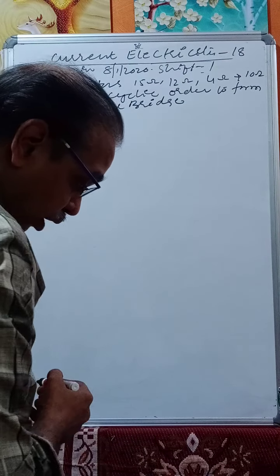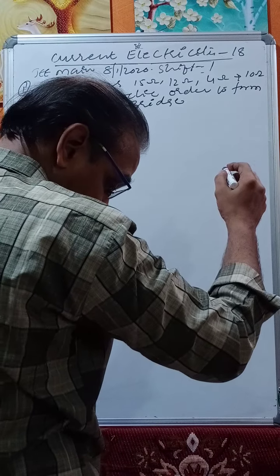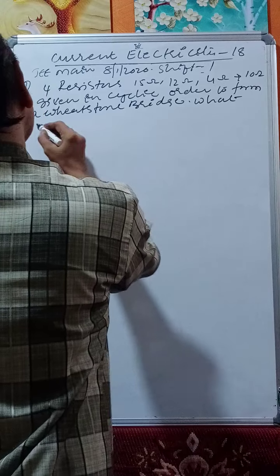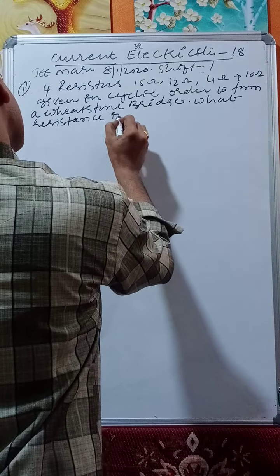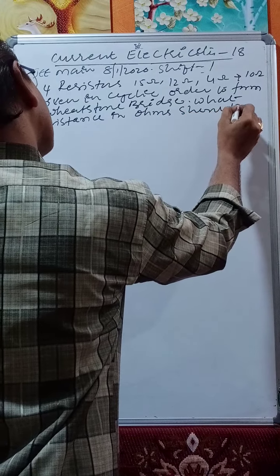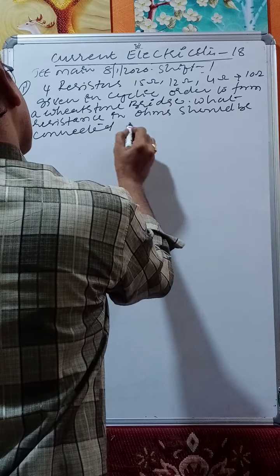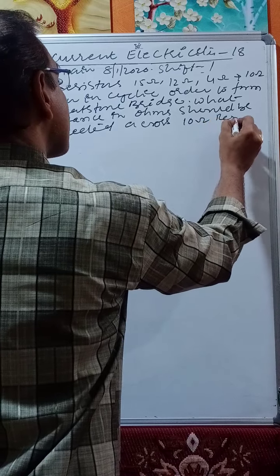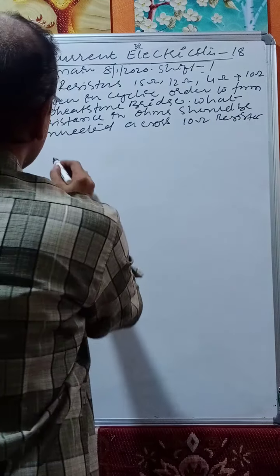What resistance in ohms should be connected across the 10 ohm resistor to balance the bridge?